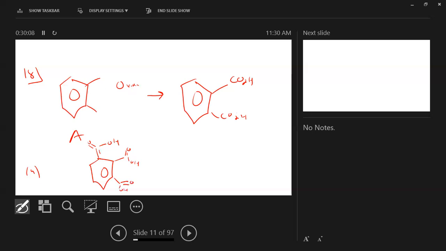So at every single benzylic carbon, we drew a carboxyl group. You can see these problems are really not that difficult.